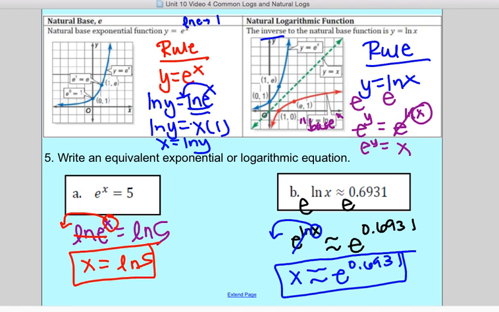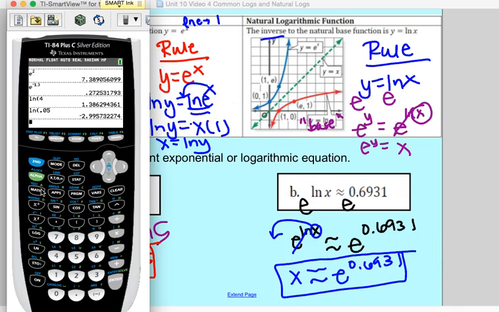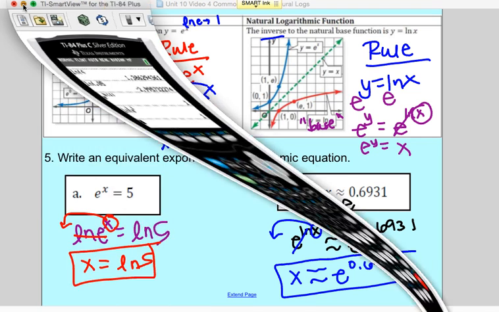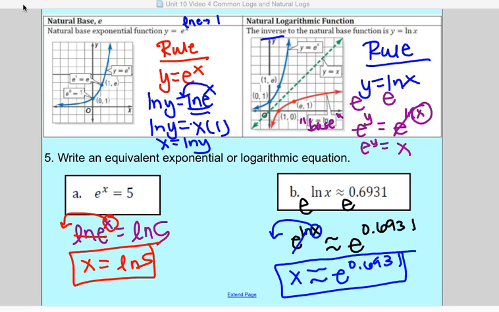And if you ever forget, you can always go on your calculator and say second e to the natural log of, let's just say, 1. Okay, it should just come out 1. If I do the opposite, if I do natural log of e to the first, you should just get out, once again, 1, because they undo each other. Okay. All right, so that is example 5.